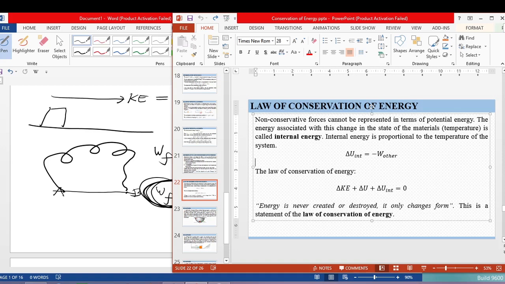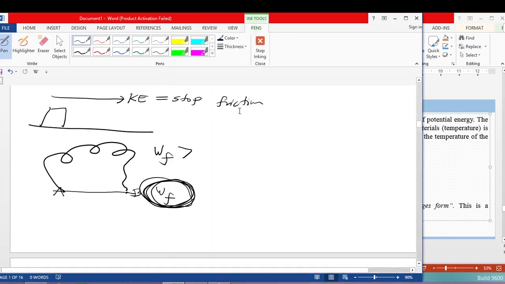Electrical energy, mechanical energy. It changes only from one form to another, right? So it cannot be created, and it cannot be destroyed.